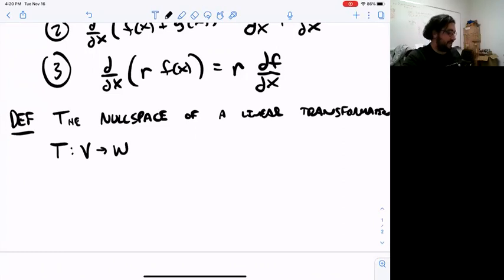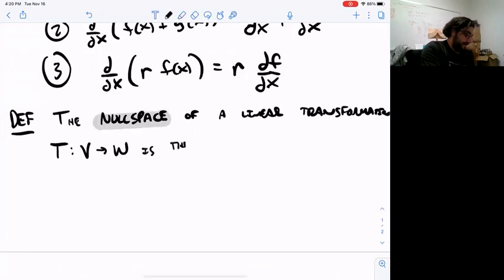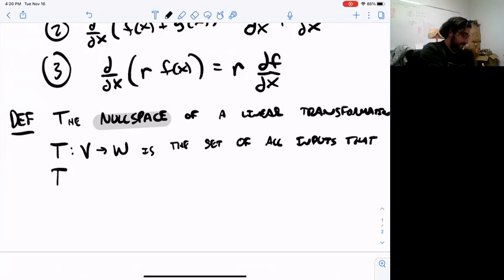That's sort of implied in the definition. So this is the term we're defining, null space. The null space is the set of all inputs that T sends to the zero vector in W.